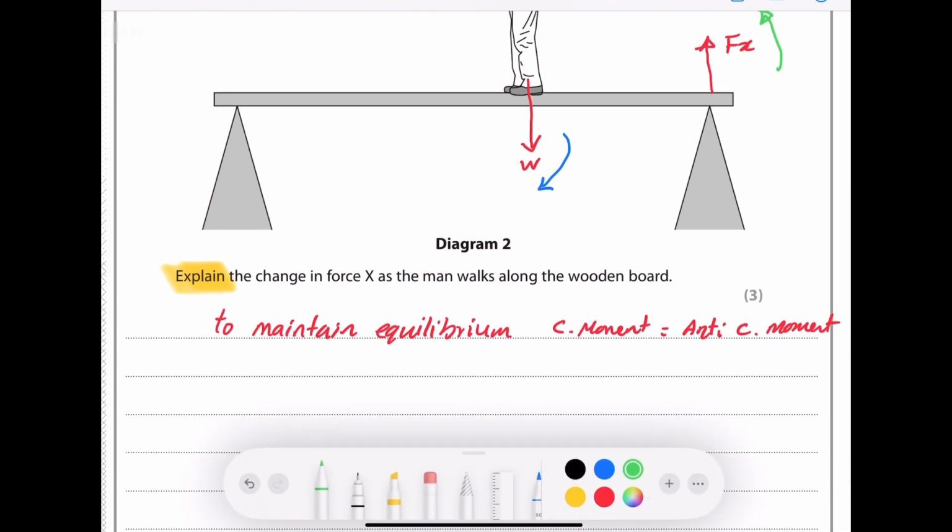There is no problem in the equation. We just substitute as we did before. The clockwise moment, which is the weight of the man, W of the man times the distance between the man and the pivot, equals the applied force F of X times the distance between force X and the pivot.